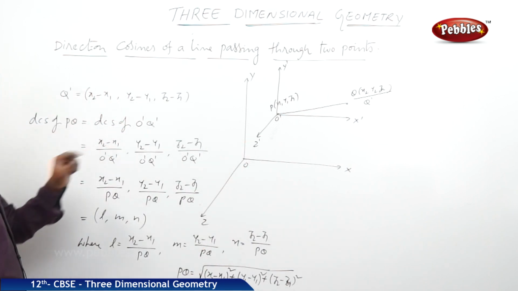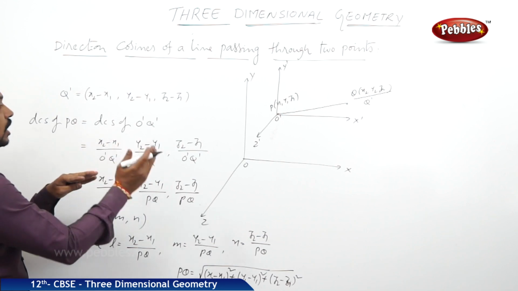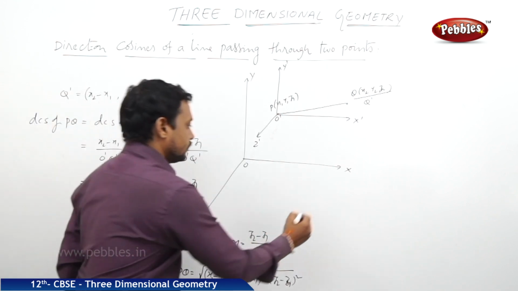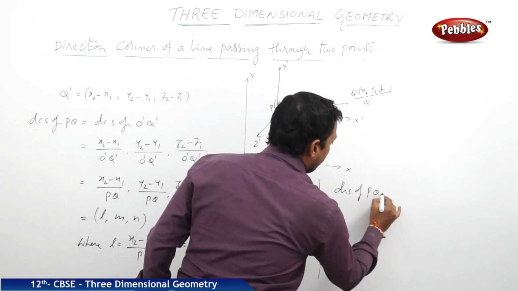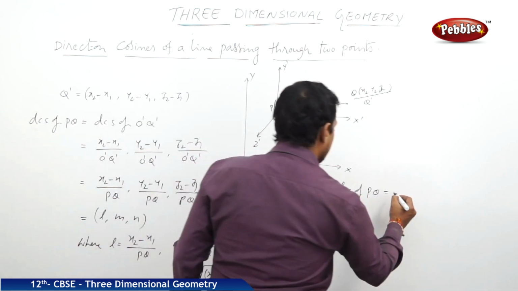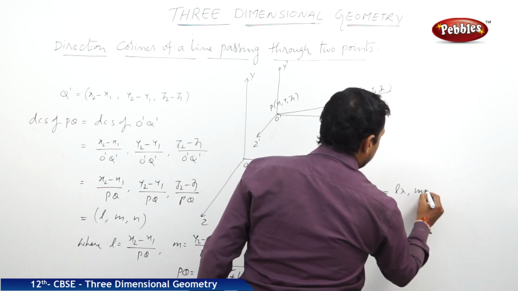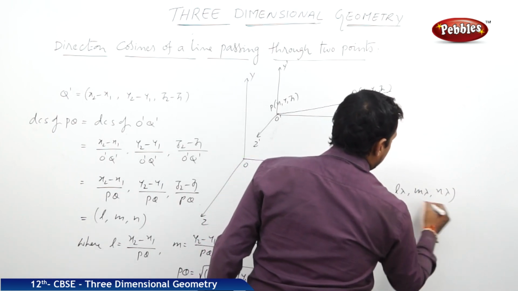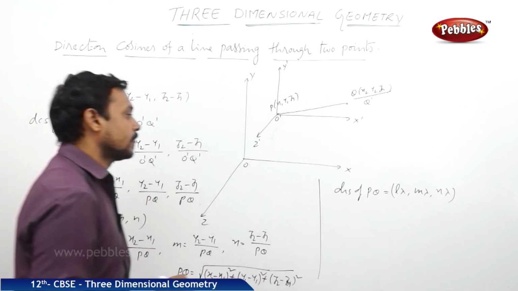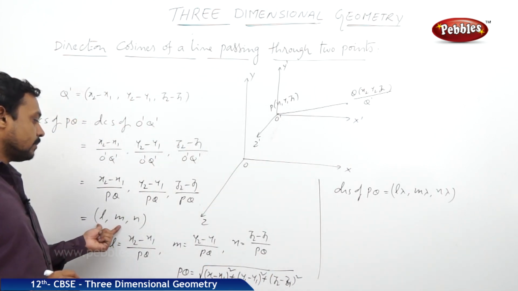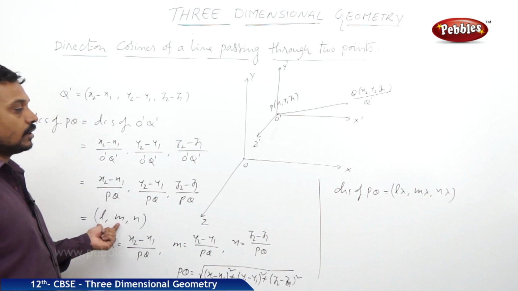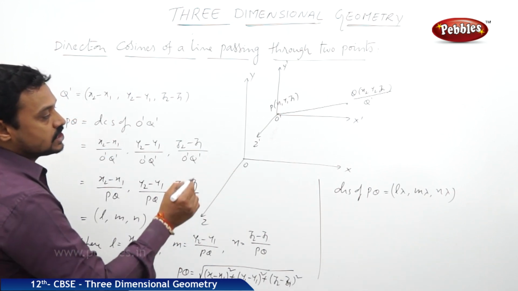Now coming to the direction ratios. The direction ratios are proportionate values to them. The DRs of PQ are l into lambda, m into lambda, n into lambda, where lambda is not equal to 0. But we have l square plus m square plus n square equal to 1.